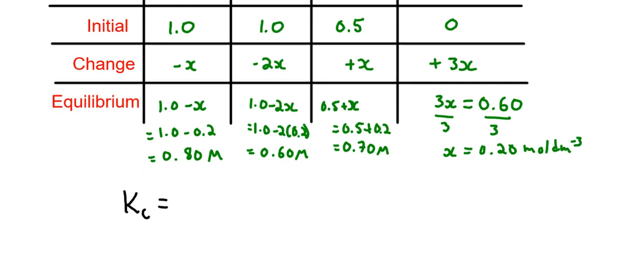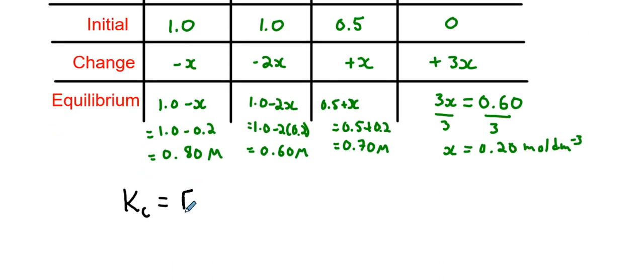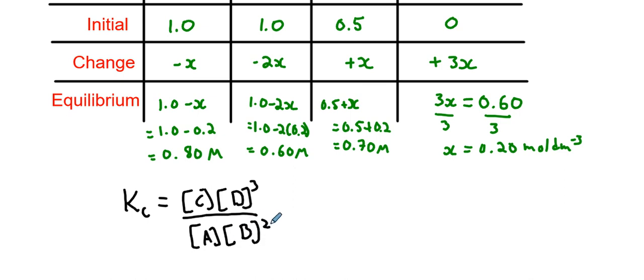So this will be the concentration of C, concentration of D raised to the 3 because it had a 3 as a coefficient. The C has a coefficient of just 1. It will be the concentration of A raised to the power of 1, which was its coefficient, and B squared because its coefficient was 2, which is why there was a 2 here.